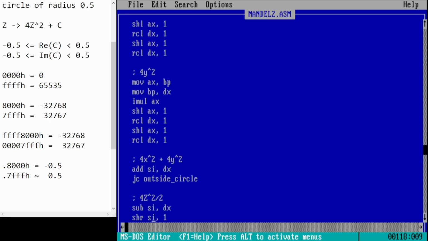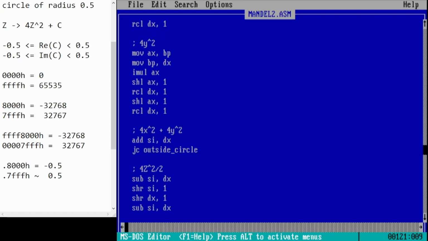So now we need to compute the real part of 4z squared, and as I said, it's the difference of these 2 values instead of the sum, and so we're going to need to do a subtraction for that. But in the meantime, we've actually messed up one of these values. We added dx to it, so we just subtract dx back off again, just so that we have these 2 values ready to subtract them.